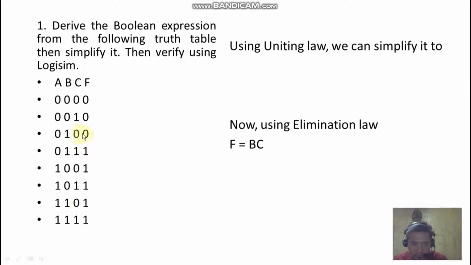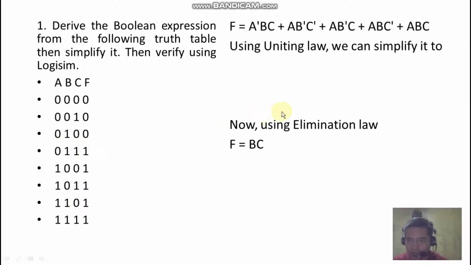Kasi kapag mag-isa lang ang 1 dito, sa combination ng tatlong variables, usually come up tayo ng 0. So, in this case, for example, ito na yung equation. Ito galing to sa 1, 2, 3, 4, 5. Galing siya sa mga values na to na may more than 1 na 1.